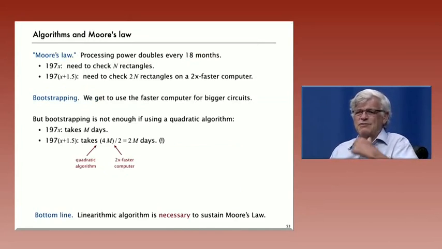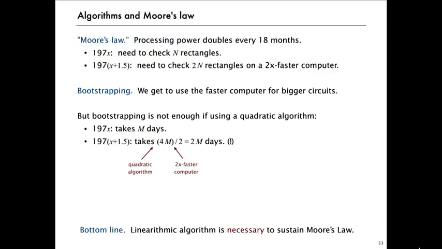And it's an example of Moore's law. So as we built a faster computer, say in 1970X, we needed to check n rectangles. But now, maybe a year and a half later, you have a computer that's 2 times faster, but you also want to build a bigger computer, so you have twice as many rectangles to check. So you have 2n rectangles to check now, and your computer's twice as fast.